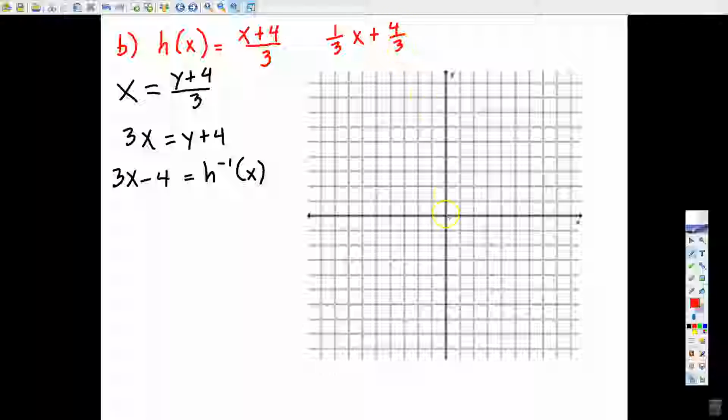So that's a y-intercept of 1 1/3 and a slope of positive 1/3, so up 1, right 3. Or if you wanted to, you could go down 1, left 3. And we'll let the red line represent the original function, h of x.